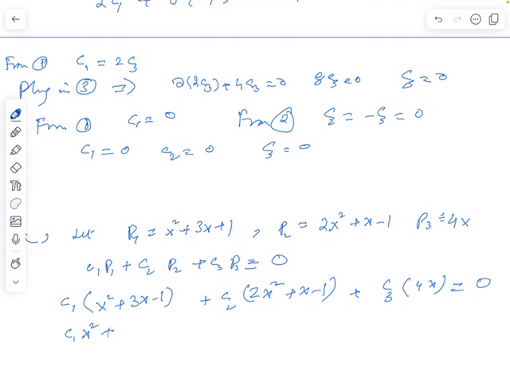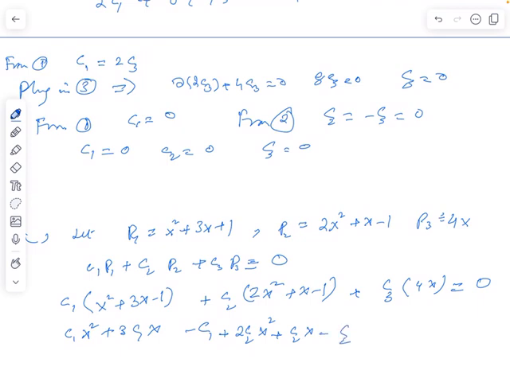So I get C1x squared plus 3C1x minus C1 plus 2C2x squared plus C2x minus C2.